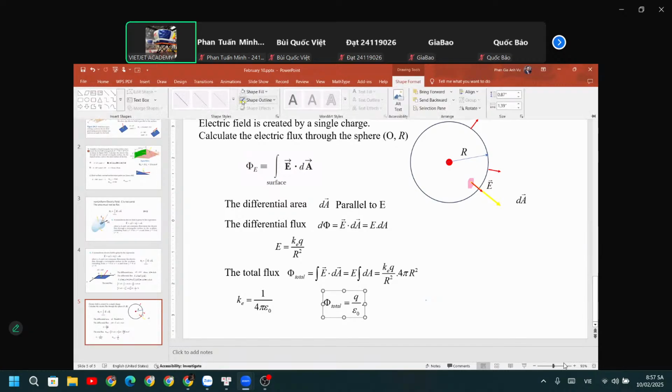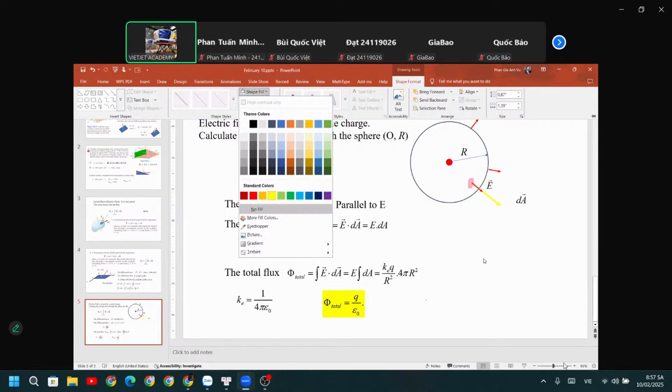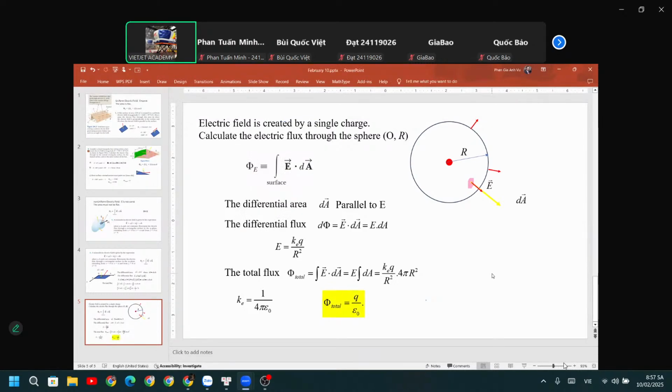This is a very important result. What can we conclude from this yellow result?